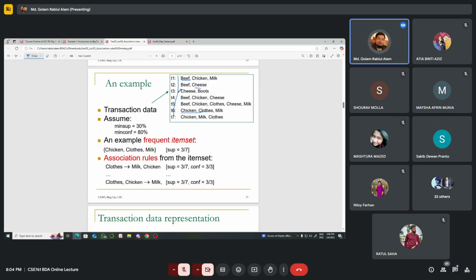Maybe one machine can have 3 petabytes, another machine can have 10 petabytes, another machine can have 2 petabytes of data. That means there are several transactions in several machines.